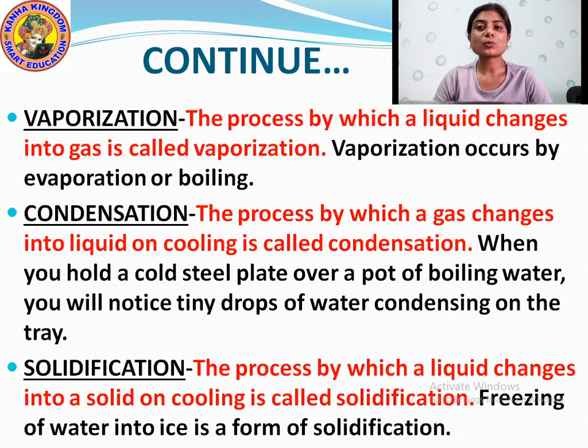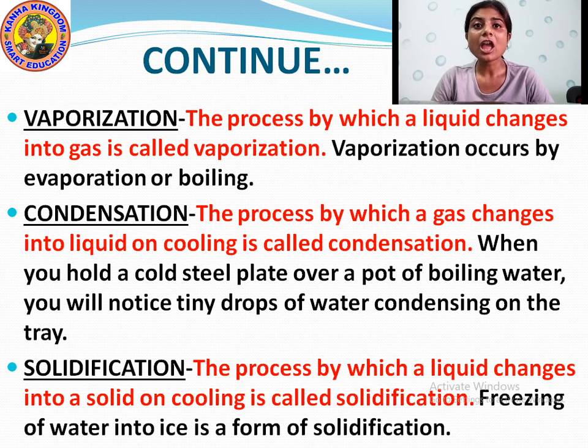Understood? And what is solidification? Solidification is the process by which a liquid changes into solid on cooling. When we decrease the temperature of the liquid, it changes into solid.